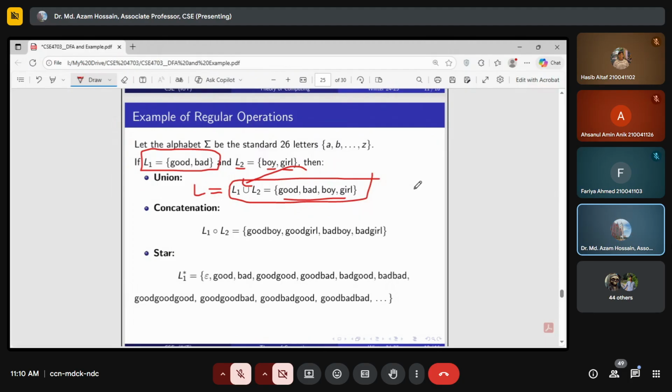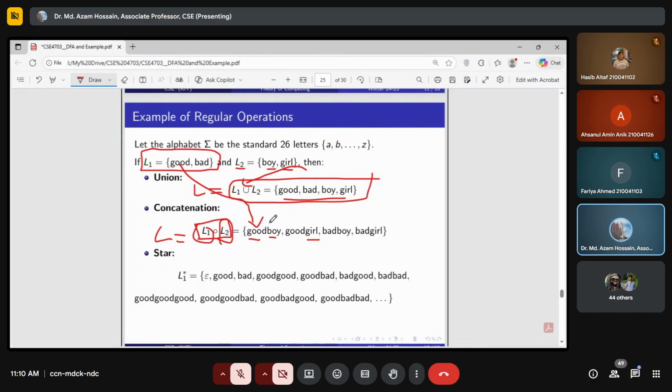So simple. Next, concatenation. If I try to make L1 concatenate with L2, a new language L, then definitely the first member comes from L1, followed by a member from L2. So if I take good from L1, then the second part will come from L2, boy or girl, whatever it can come.